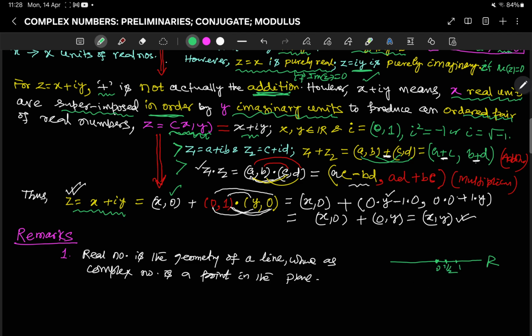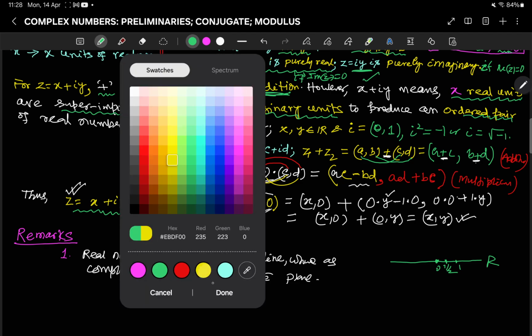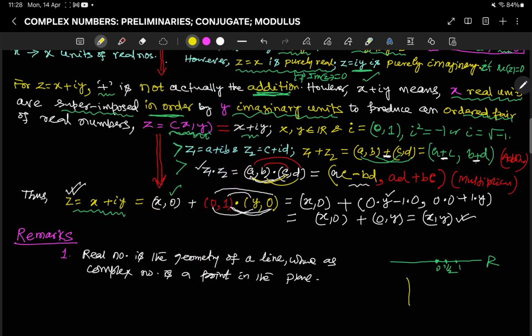But the moment I represent a complex number, how will I represent it? It is my real axis x, and it is my imaginary axis y, right? By saying xy, I have a point x here, right? This is my x and this is my y. So this point is z equal to xy.